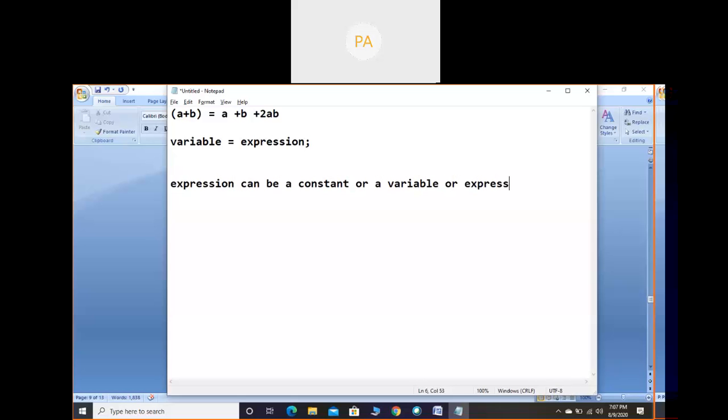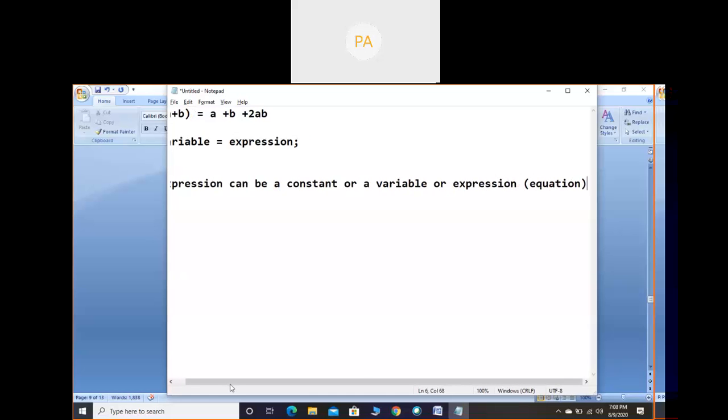Expression is nothing but, if you want to understand it better, you can consider it as an equation. So on the RHS, what we have used is expression. That expression can be a constant or a variable or another expression. But in the LHS, only variable is allowed. That is the meaning here, because we have to understand the formula, the syntax, correctly. So on the LHS only variable is allowed, but on the RHS we can write a constant, or we can write a variable, or we can write an expression.